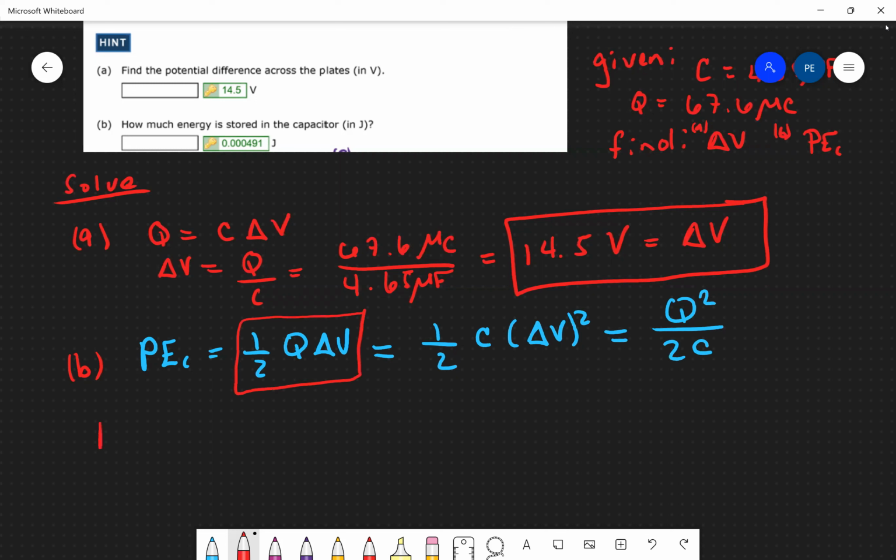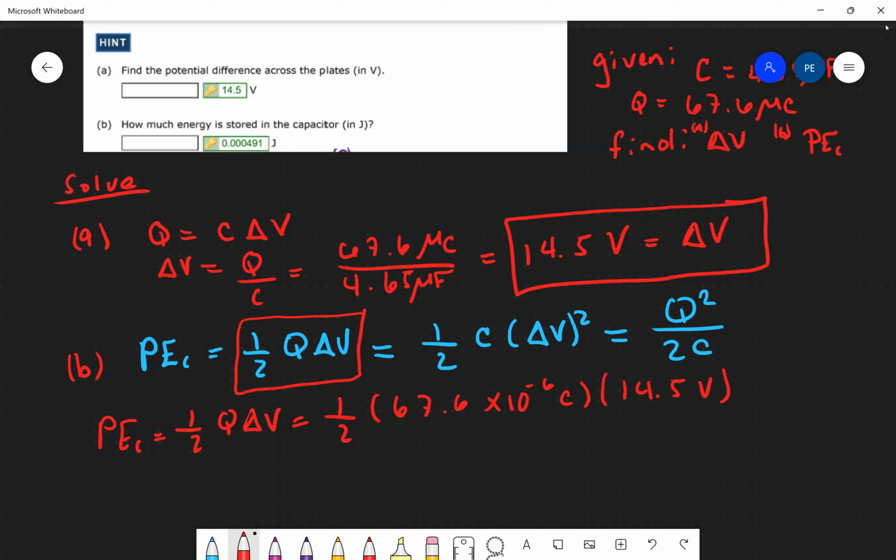PE sub C is equal to 1/2 Q delta V, which is equal to 1/2 times the charge, which I'm going to convert into coulombs, 67.6 times 10 to the negative 6 coulombs, times the potential difference, which is 14.5 volts.